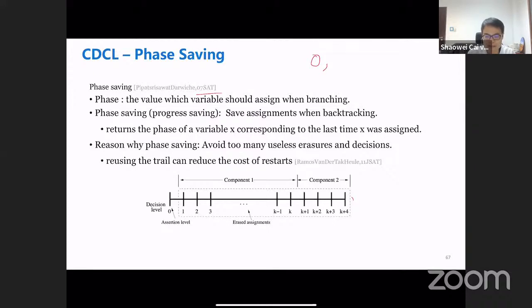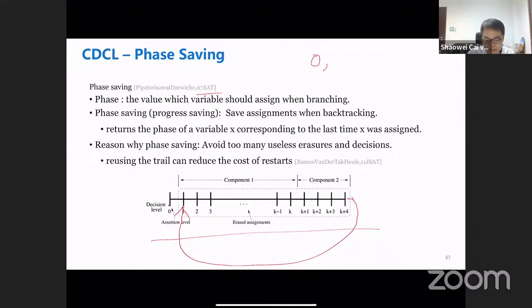The formula may contain different components, and they have no relations. For example, in this picture, suppose we begin from decision level 0, and then here we meet a conflict, and suppose the conflict analysis lets us backtrack to level 1.